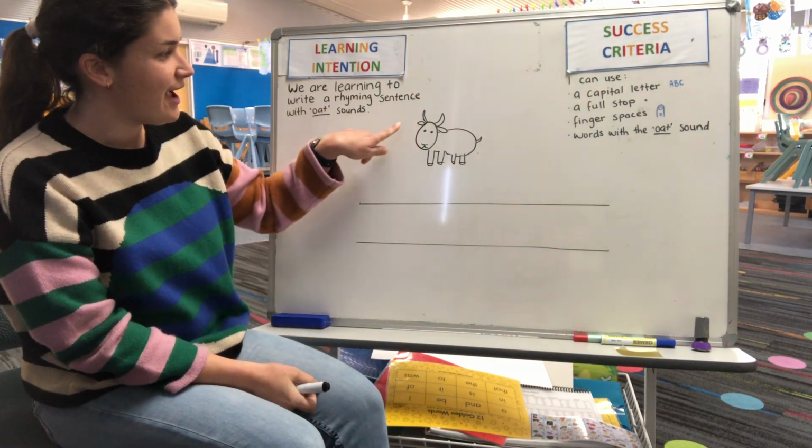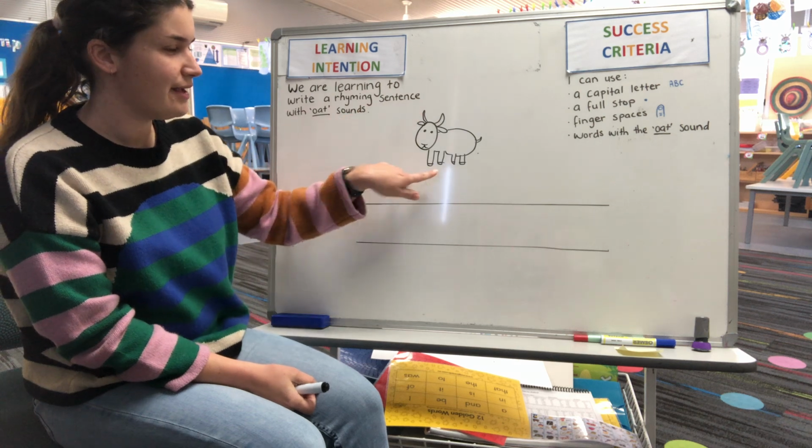My goat has 2 ears, 2 horns, and 4 legs.